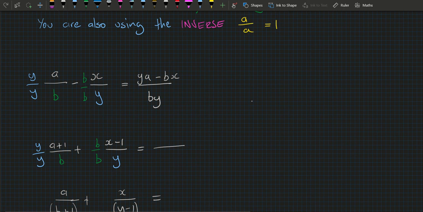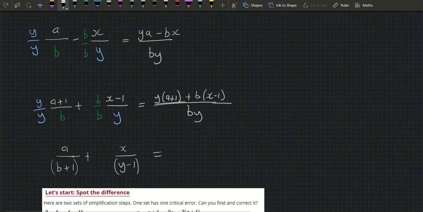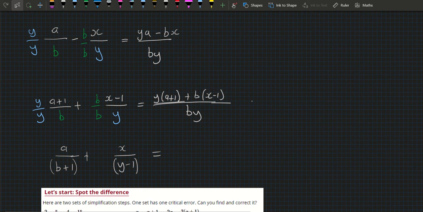I'm going to make that even bigger, I just realized. So Y needs to multiply everything in the other expression, okay? And we have a plus sign here, and B times X minus 1. Okay, so that's all through there, and we have B and Y on the bottom.